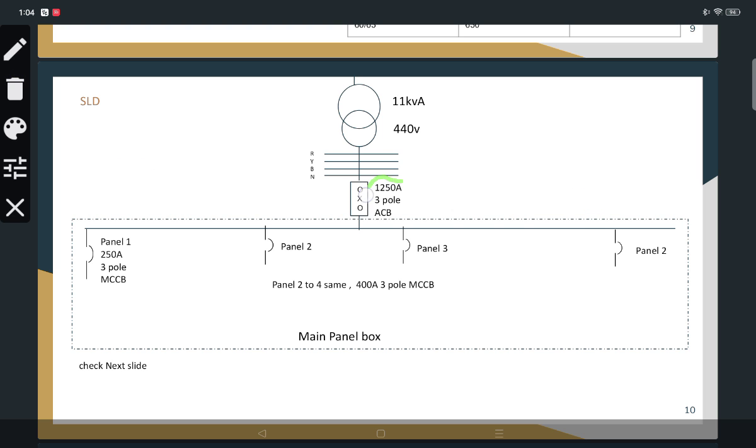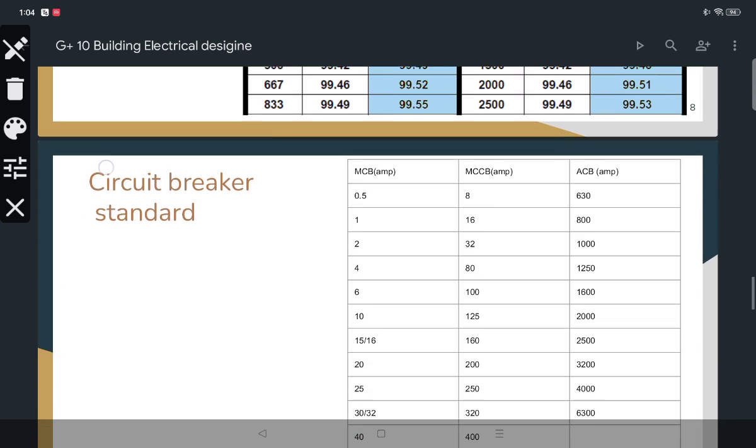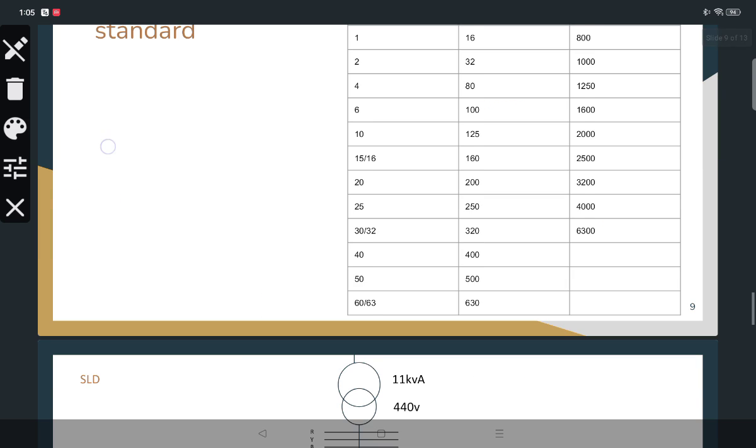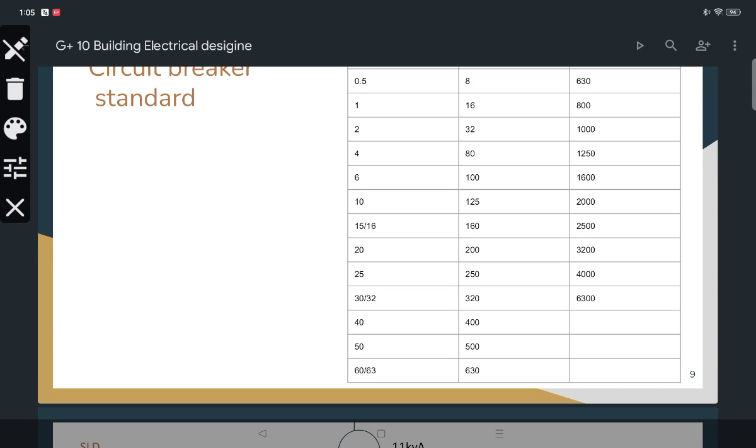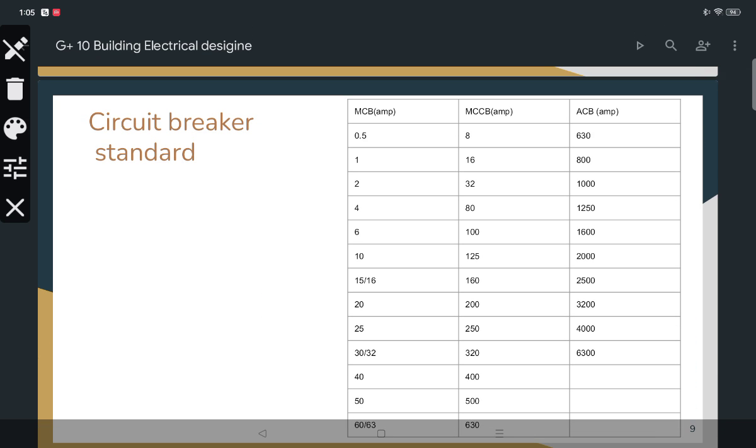And here we are going to use a 1250 amps 3 pole ACB, air circuit breaker. Why are you using 1250 ACB? We have to select which circuit breaker is required for us.